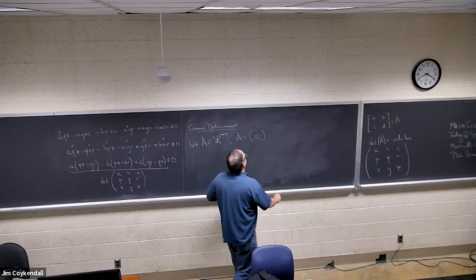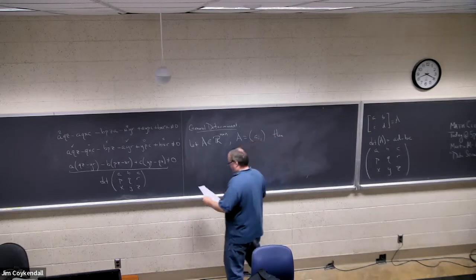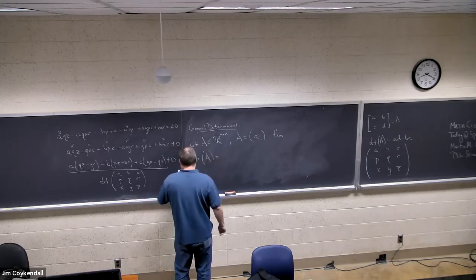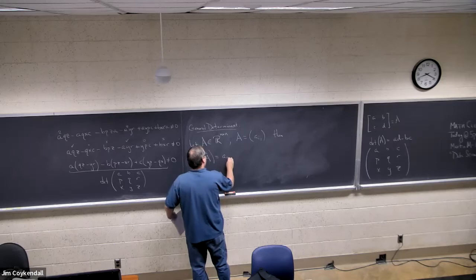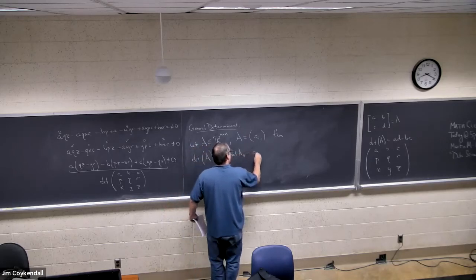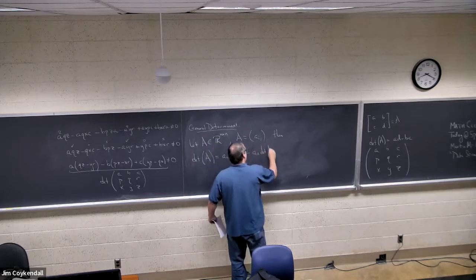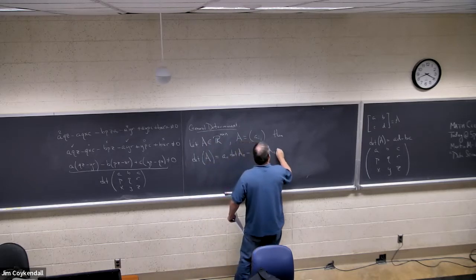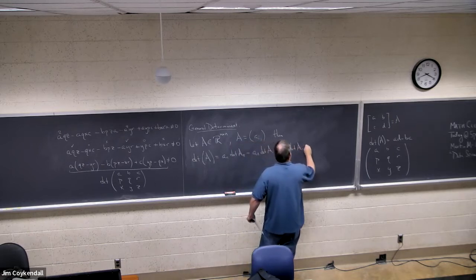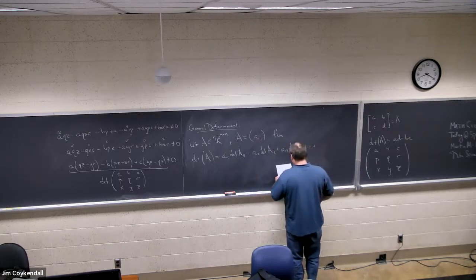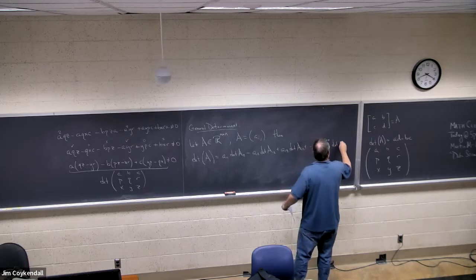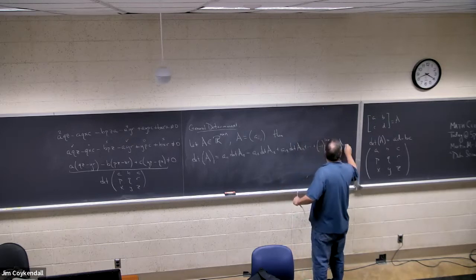Then the determinant of A is equal to A11 determinant A11 minus A12 determinant A12 plus A13 determinant A13, and so on, finally minus 1 to the 1 plus n times A1n determinant A1n.